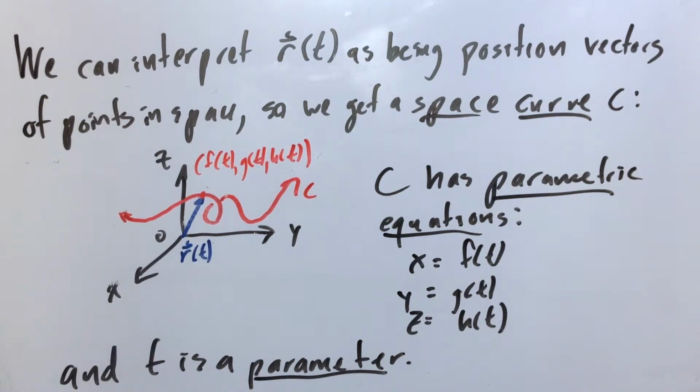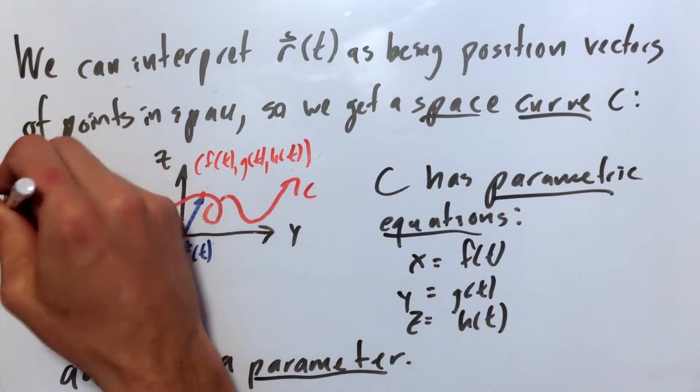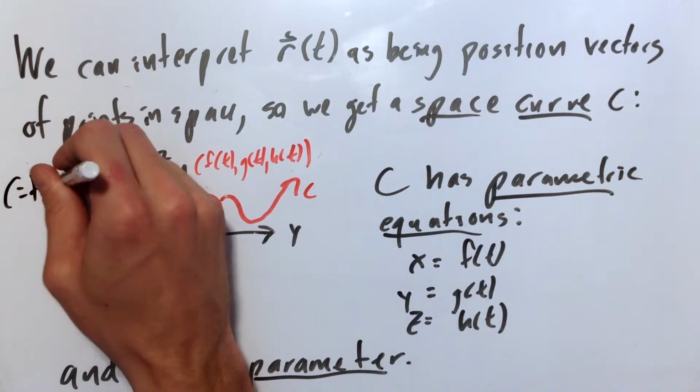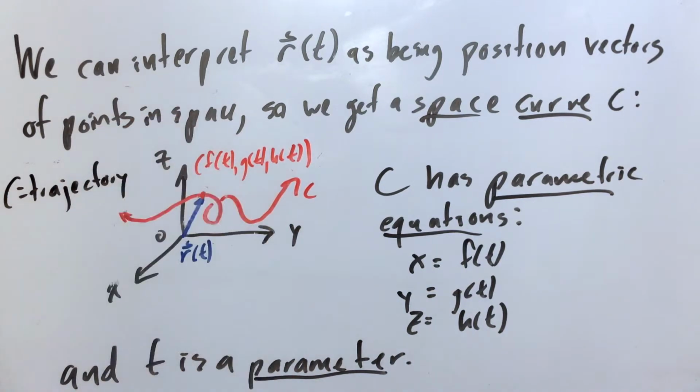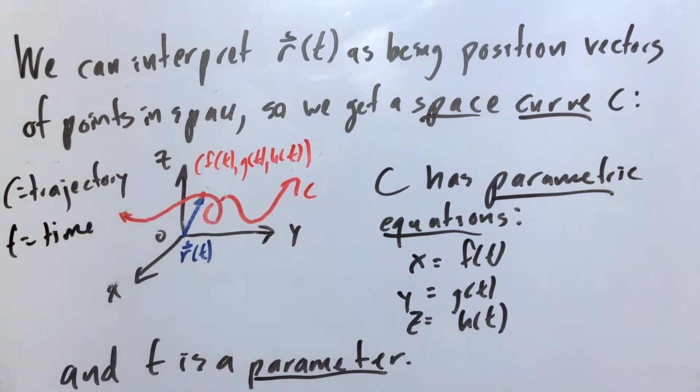Fantastic. Now, a really common situation that this occurs in is if we're considering C to be the trajectory of an object or a particle or whatever in space, and usually here t is going to be time. So this is a nice scenario because then we can start talking about physics or things like that.